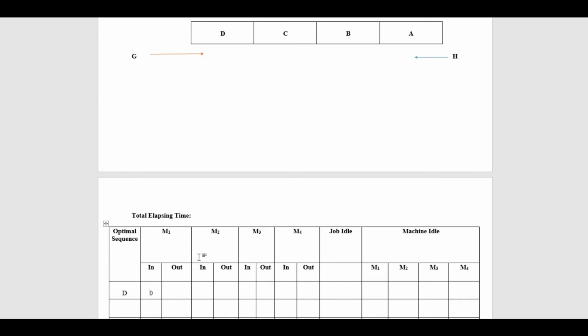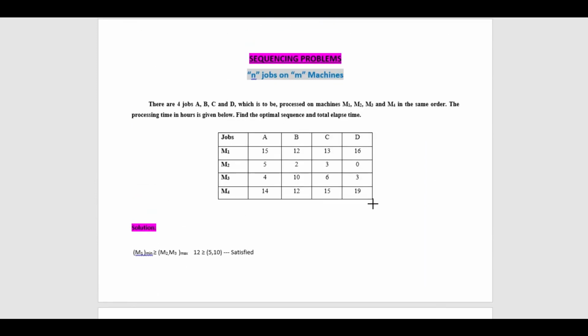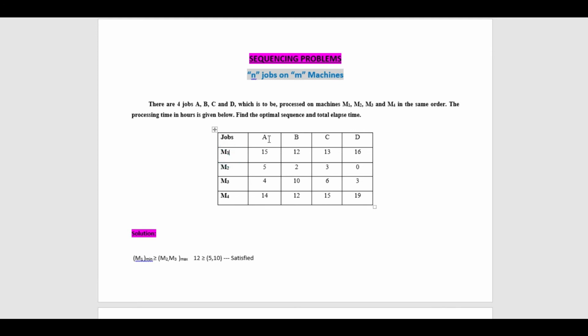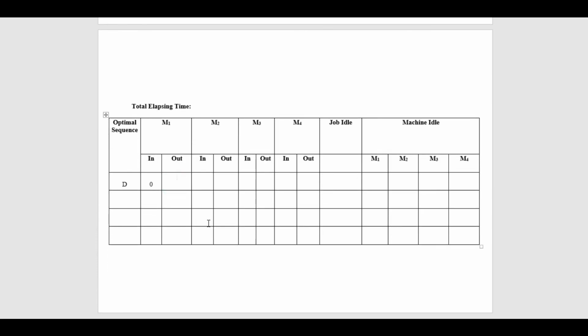The processing time of job D in machine 1 will be 16 hours, so fill 16 here. Once the process is completed in machine 1, it will be moved into machine 2.